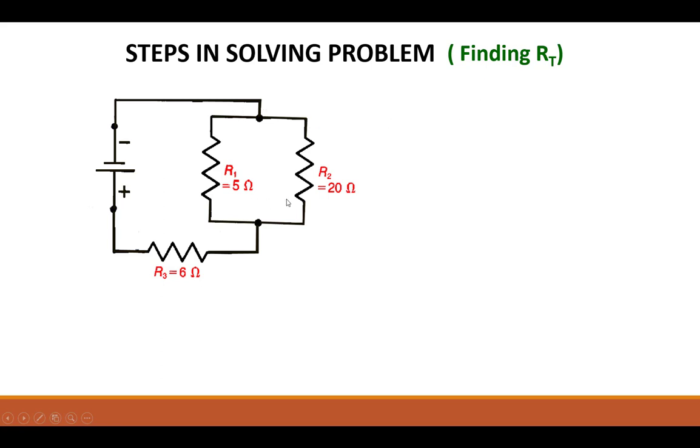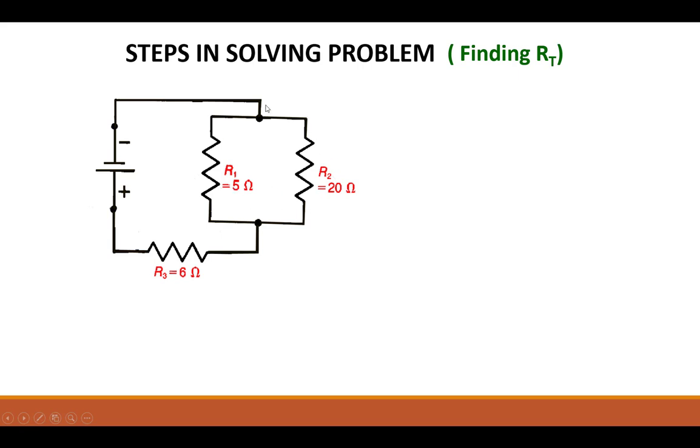In this example, I have a 5 ohm and a 20 ohm that are clearly in parallel, and they should be combined by that. So product over sum again, 5 times 20 is 100, divided by the sum of these, which is 25.